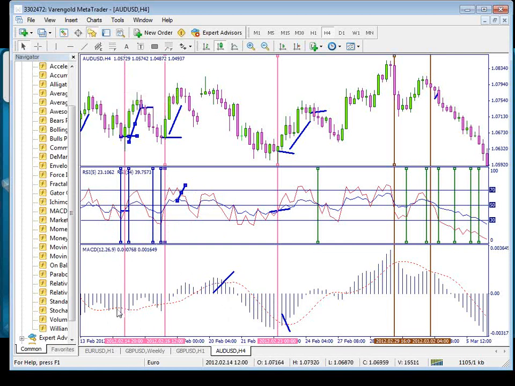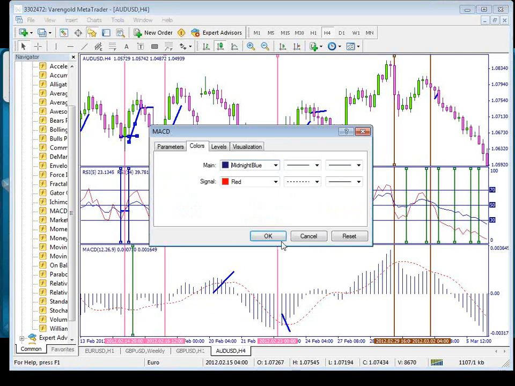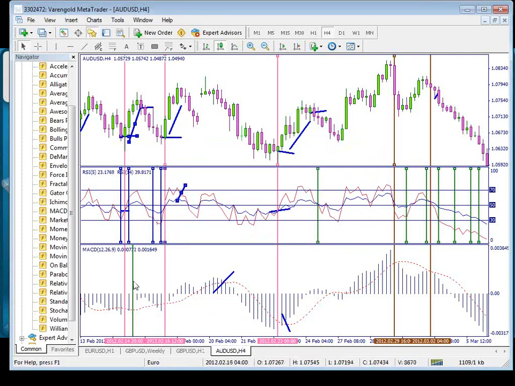So here we have one signal for buy, as you remember, on the 4-hour chart. Here is the signal of RSI, and here is the signal from MACD. We can see that the signal on MACD for a buy comes a little bit later.